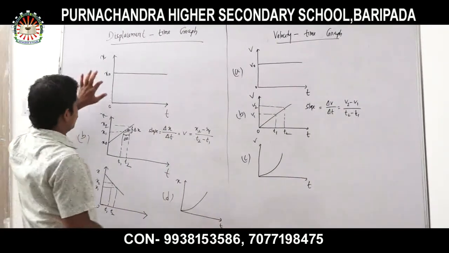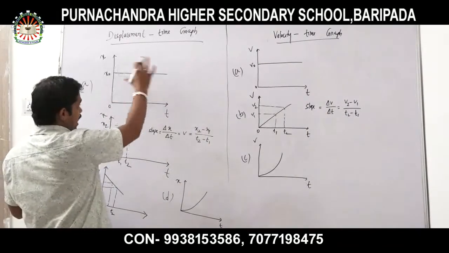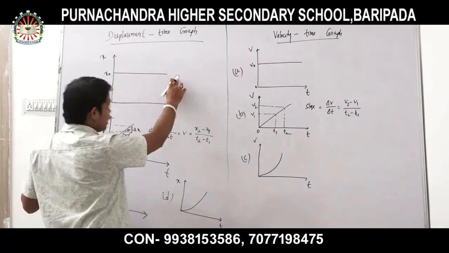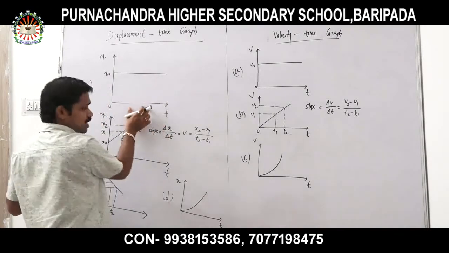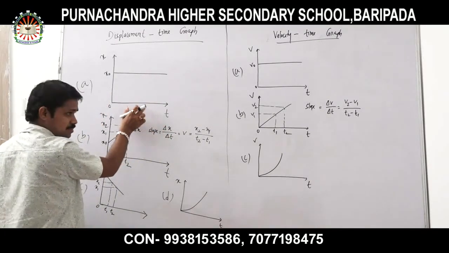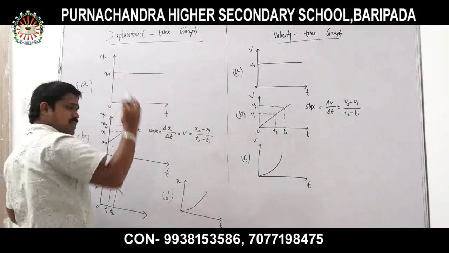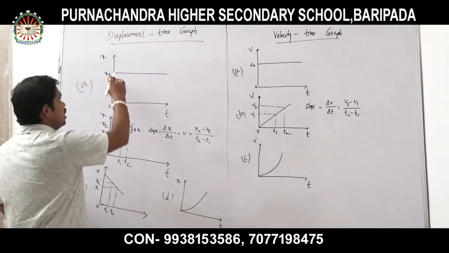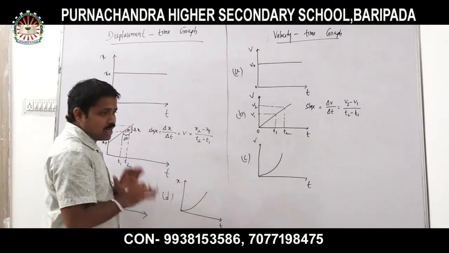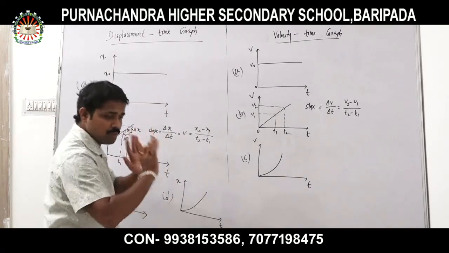Now, if you look at the figure, the graph is a line parallel to the time axis. What does it mean? The graph signifies that the object or the body is at rest. It does not have any motion.